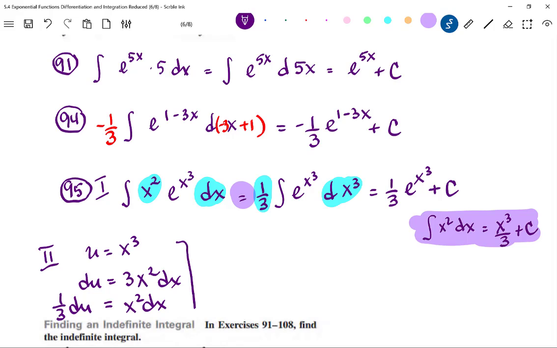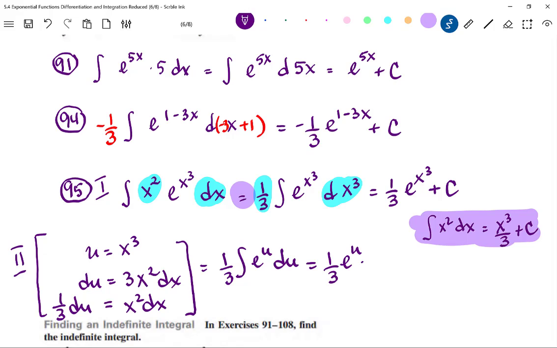So by using this substitution here, this problem becomes 1/3 the integral of e to the u du, and that's 1/3 e to the u plus c, which again we need to go back to x, so that's 1/3 e to the x cubed plus c.